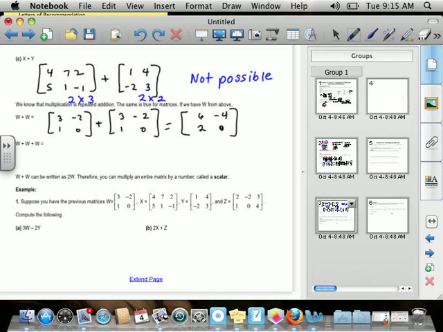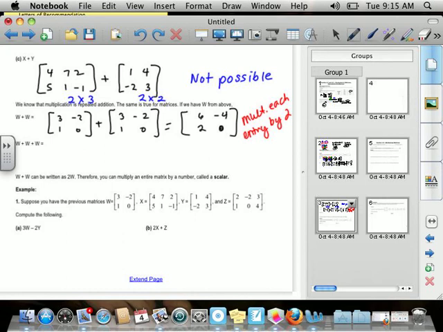So how does that compare to the original W? It's just double. You just multiplied each entry by 2.